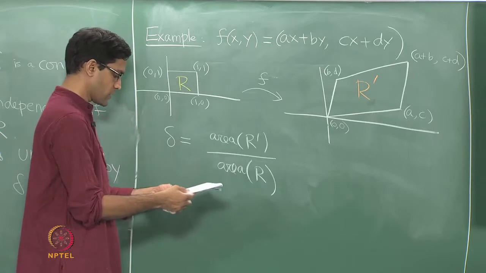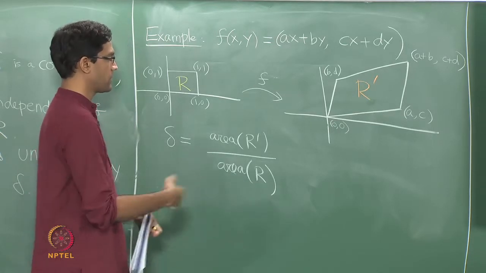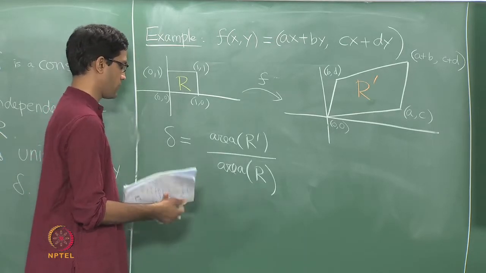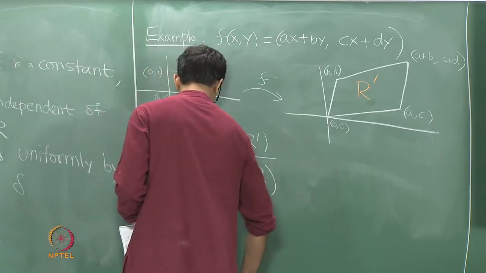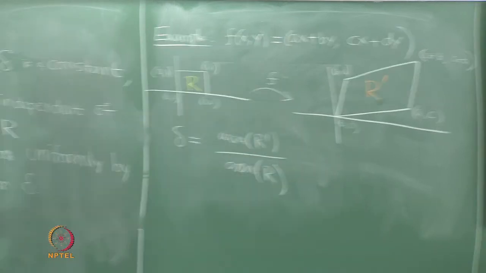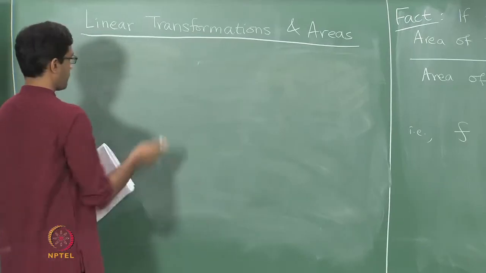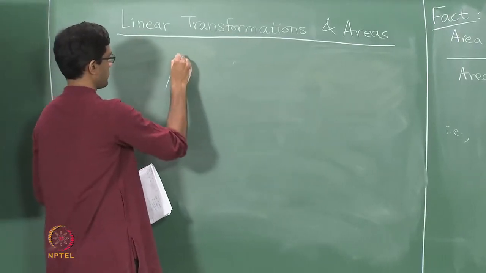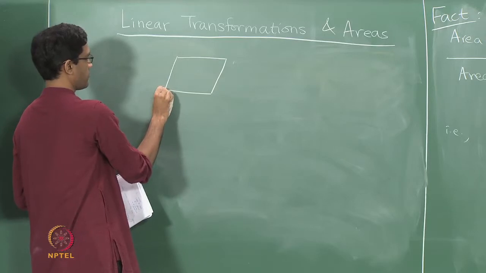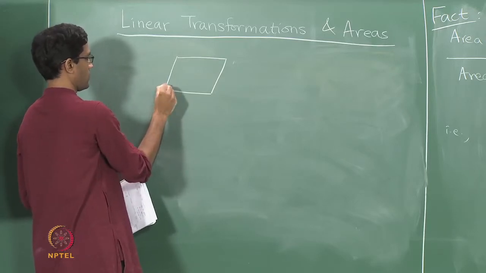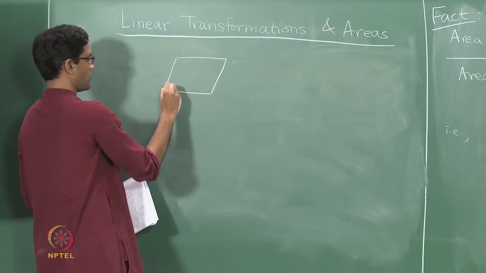Okay. So of course for the area of the parallelogram, there are several different ways of trying to compute it, but here is one. So if you have a parallelogram in general, let me just take a brief detour and talk about areas of parallelograms and formulas for those.